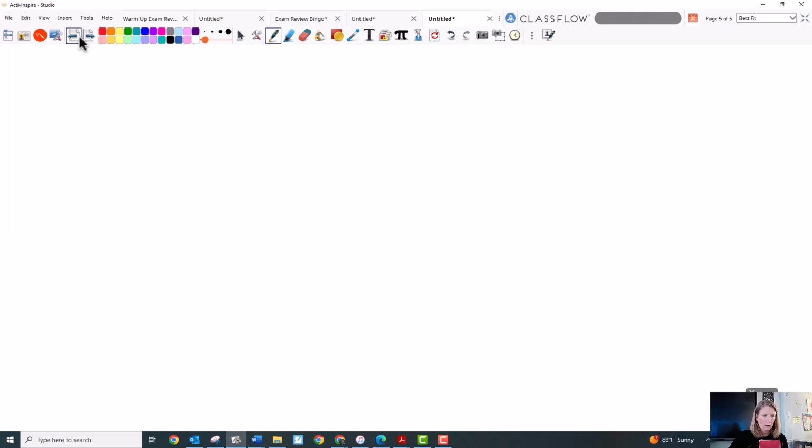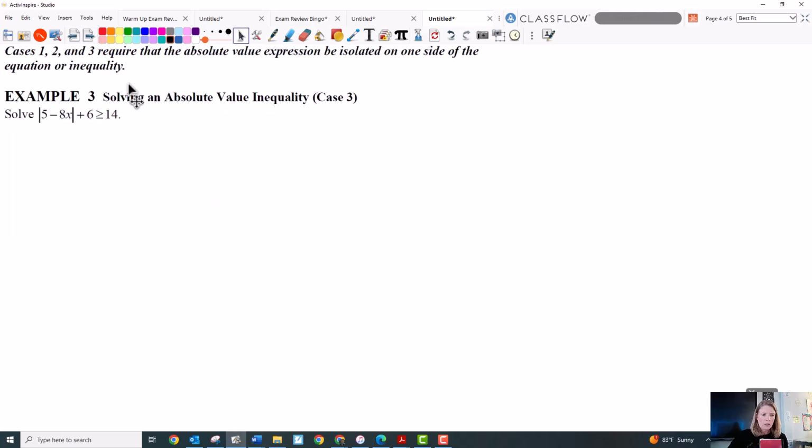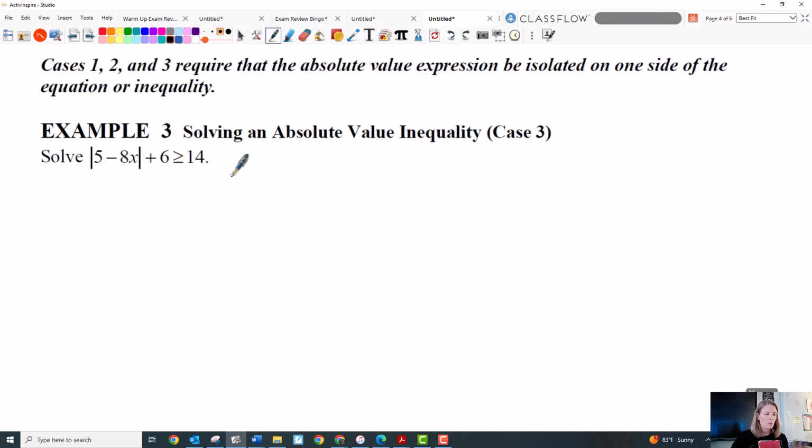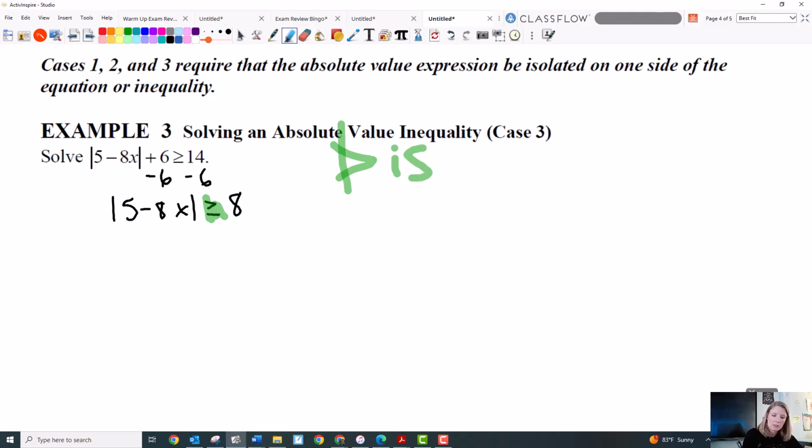One more. So make that big. All we're going to do is get the absolute value by itself first. So we're going to minus the 6. Absolute value of 5 minus 8x is greater than or equal to 8. Then I decide, is that an and or a or? To me, that looks like a disjunction.